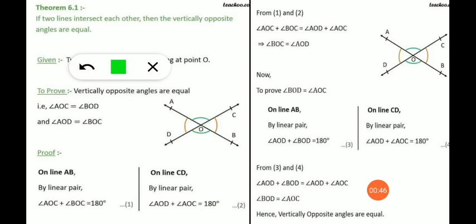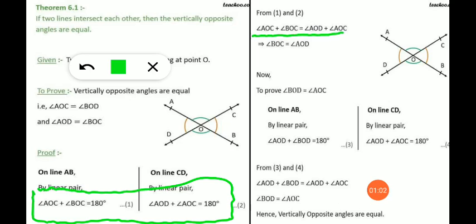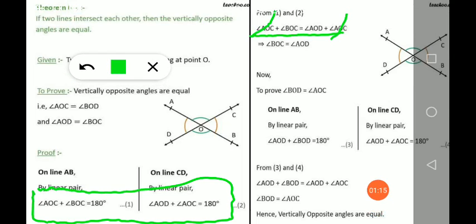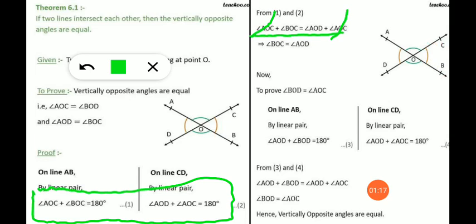Then these two equations, 1 and 2, are both equal to 180 degrees, which means they are equal to each other. That is, angle AOC plus angle BOC is equal to angle AOD plus angle AOC. Now angle AOC is on both sides, so it gets cancelled and we get angle BOC is equal to angle AOD.